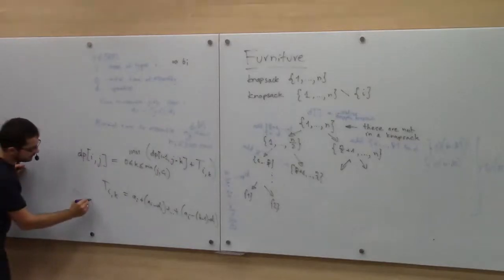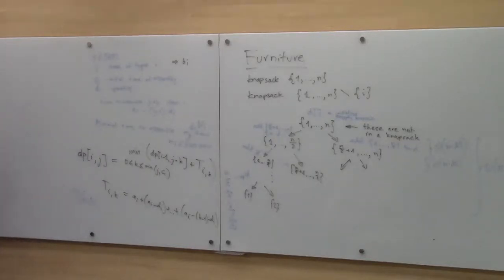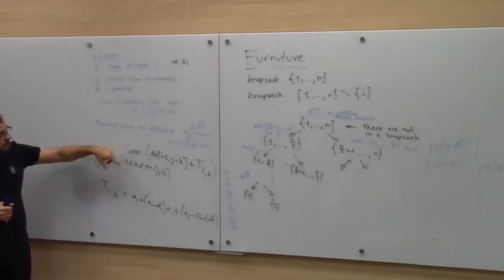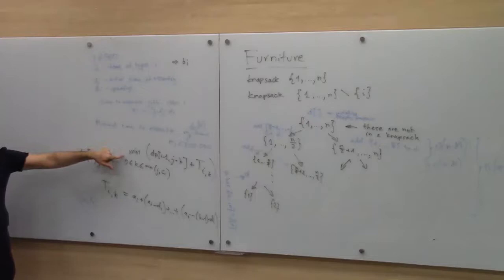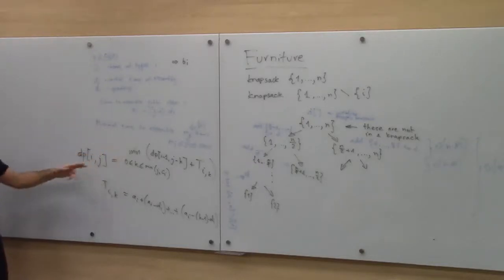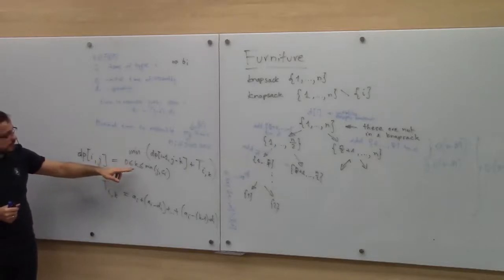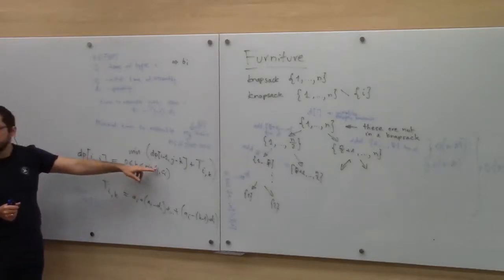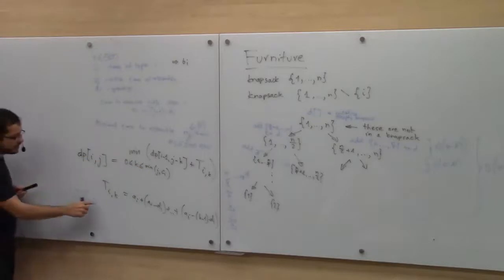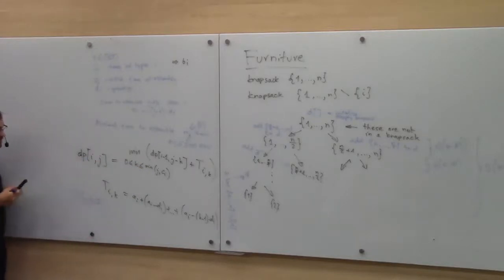So we get n times m, and the time of filling one cell of the array is not constant, because we need to tackle this minimum. What is the time of considering the minimum? It's m, because this number could be as big as j. So actually we have an algorithm which runs in n times m squared, which is not yet too fast.